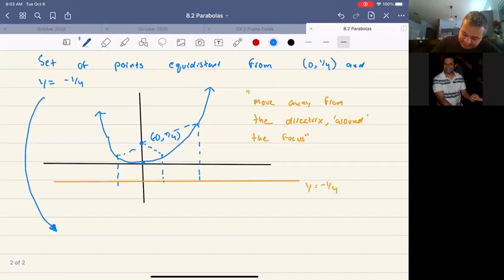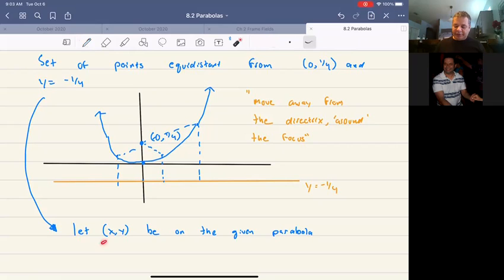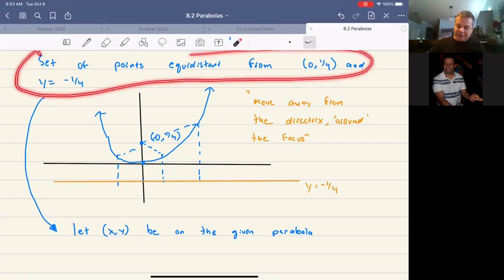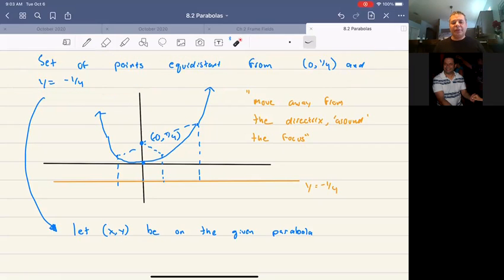Let (x, y) be on the given parabola. By the given parabola, I mean x and y are the set of points satisfying this condition, equidistant from (0, 1/4) and y equals negative 1/4.